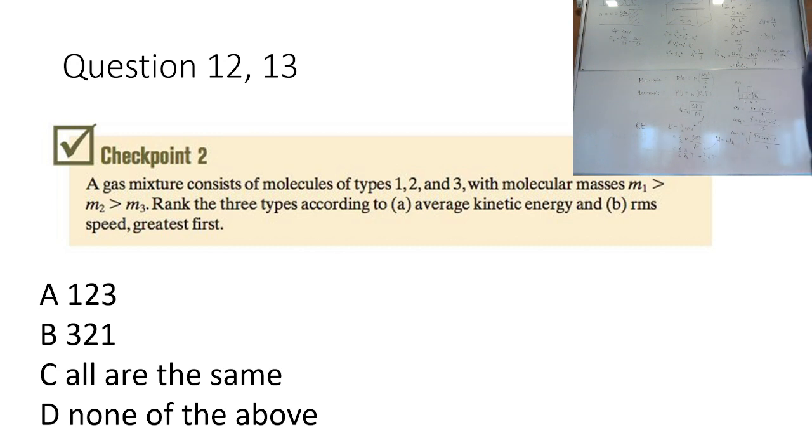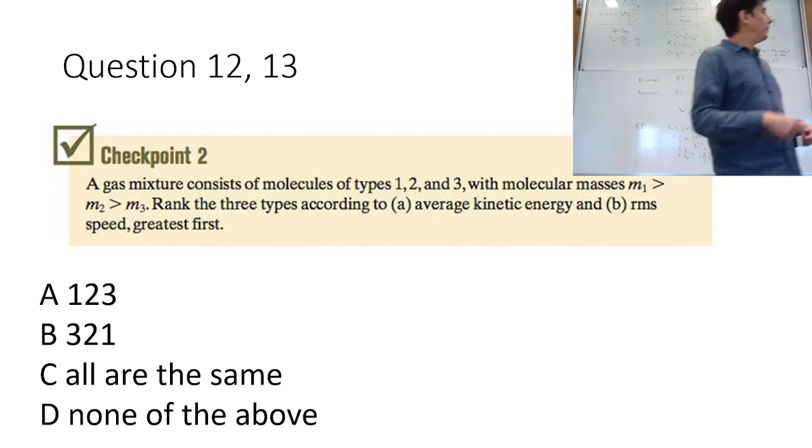Yeah, the first one, yes. So it's just half mv squared, right? We've established they all have the same kinetic energy. So the lighter it is, the higher the velocity is. This needs to be the same. So if this goes down, then this needs to go up. So that's going to be the fastest one, followed by 2, followed by 3.